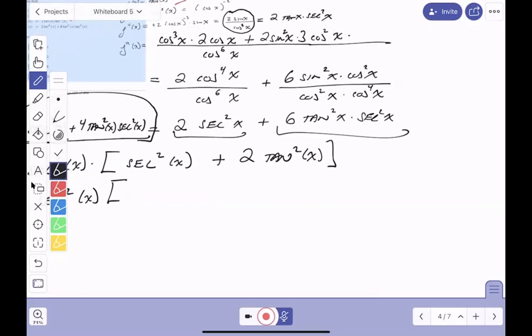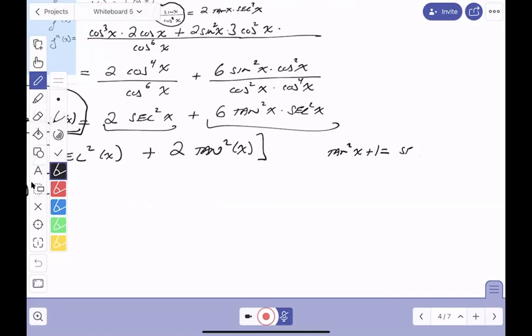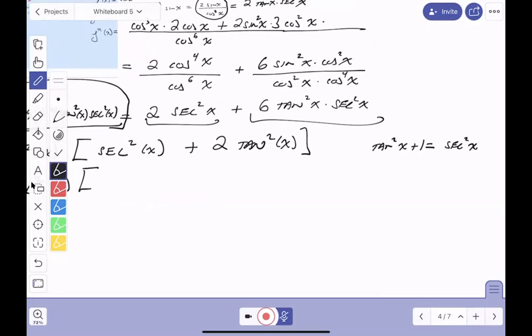Just to remind you, tangent squared x plus 1 is equal to secant squared x. So what would you get over there? Secant squared x is going to be 1 plus tangent squared x, plus 2 tangent squared x.